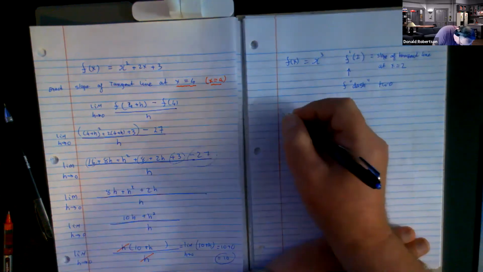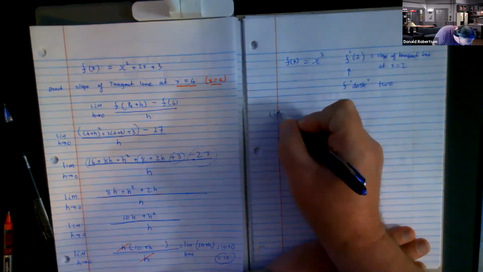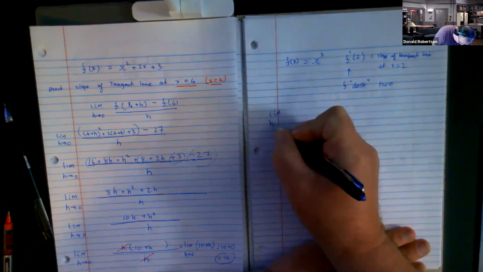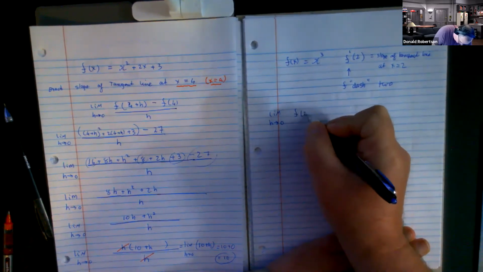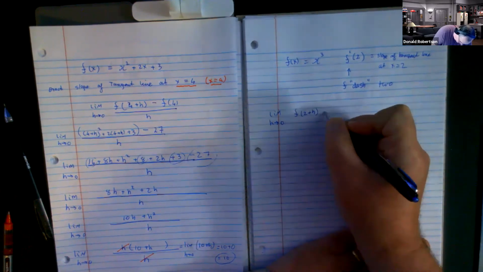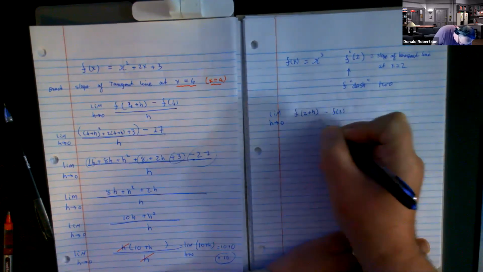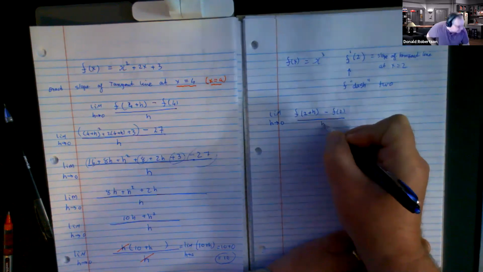So let's find out what that is equal to. It's the limit as h tends to 0 of f of 2 plus h, take away f of 2, over h.